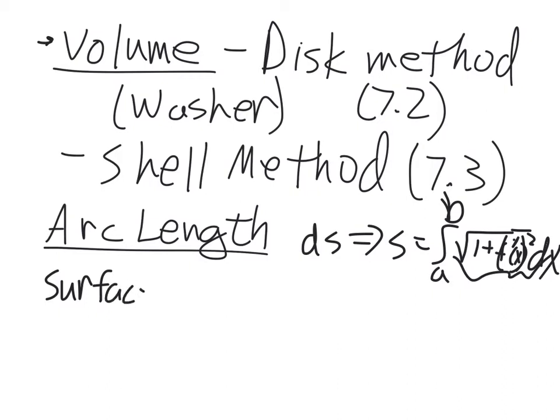well, the formula for it will be very much like what we looked at for arc length. We think of the surface area formula as 2 pi r times your ds.